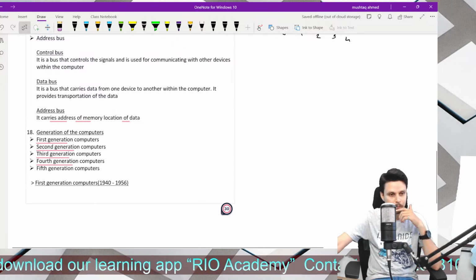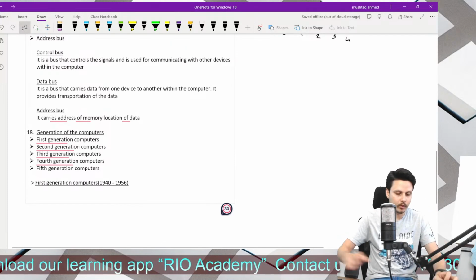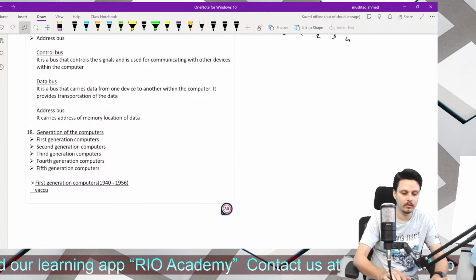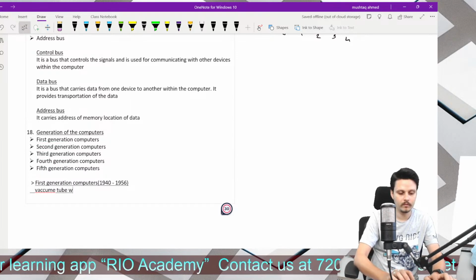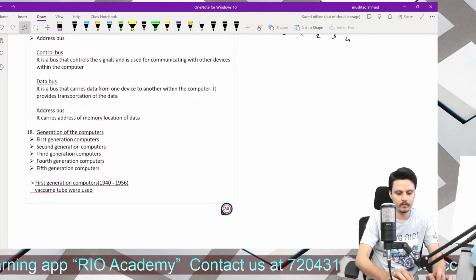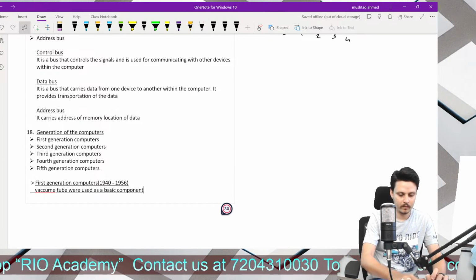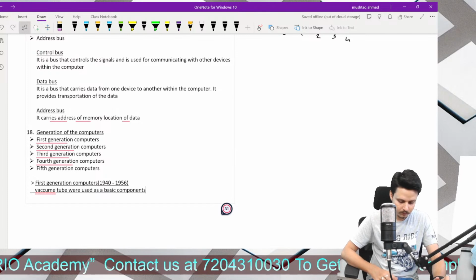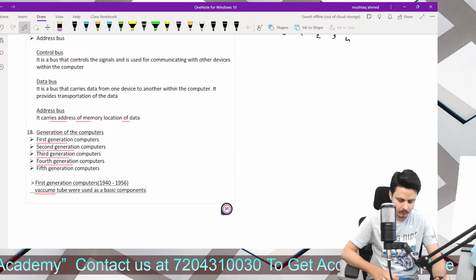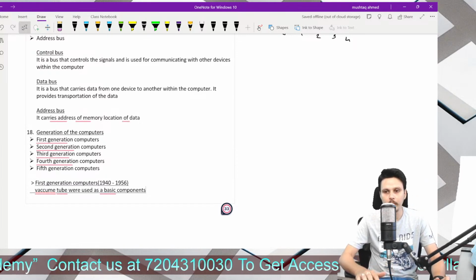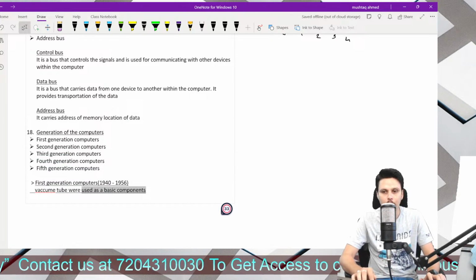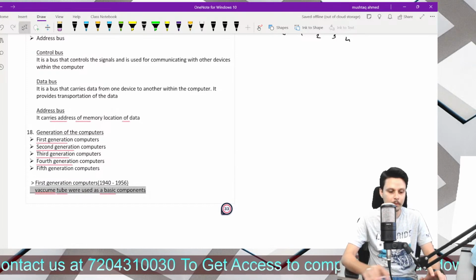Here also vacuum tubes were used as the basic components. Vacuum tubes were used as a basic component in first generation computers.